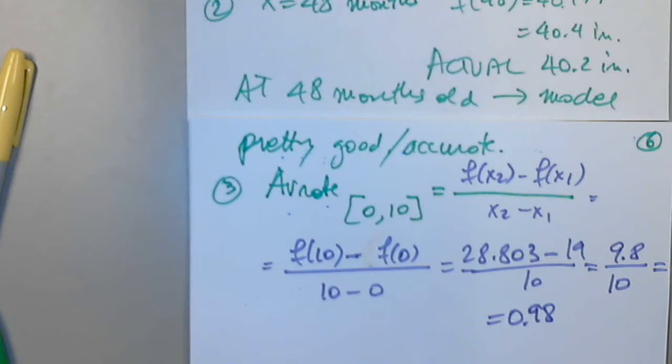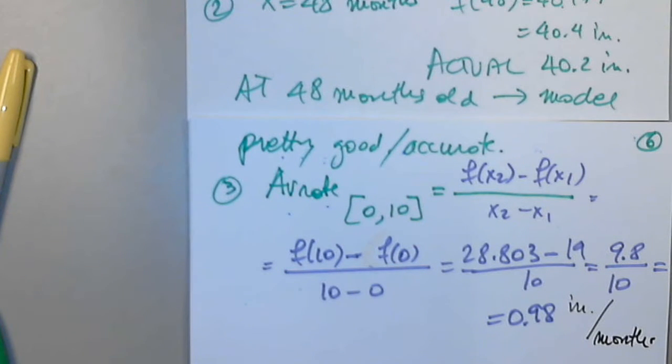So this is 0.98 inches per month. So between 0 months and 10 months, these girls increase their height, or grow, at about an inch per month. Okay. Last question here.